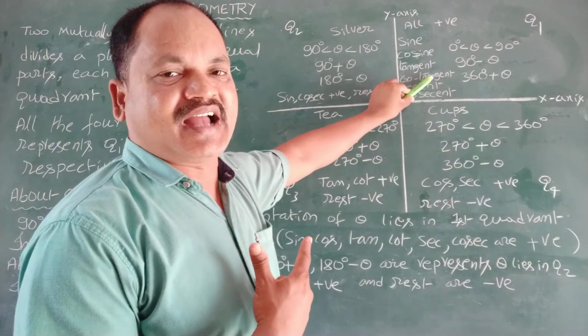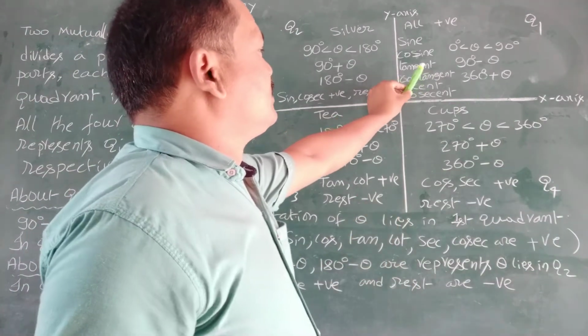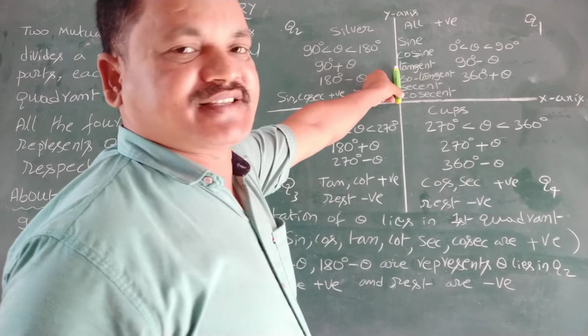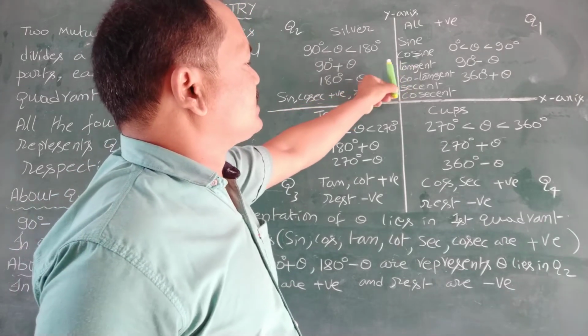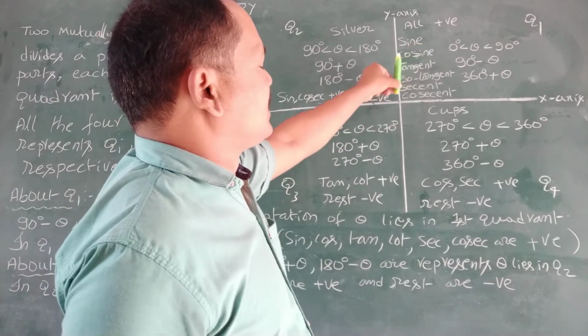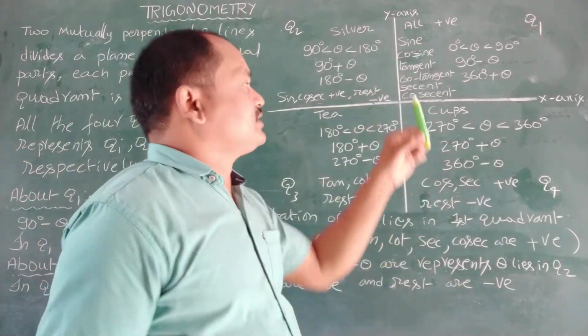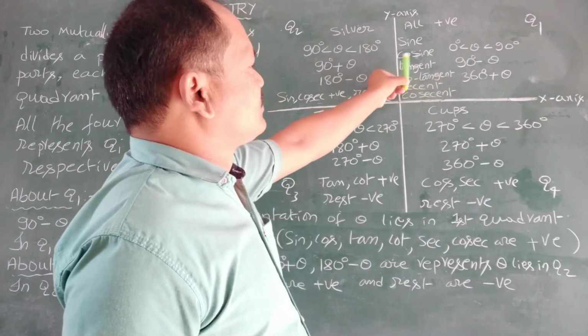That is the angle theta. If this revolving line moves anti-clockwise and coincides with the y-axis, then it is perpendicular to the x-axis. So the gap between this revolving line and the x-axis is 90. If the revolving line coincides with the y-axis, then it makes 90 degrees with the x-axis.